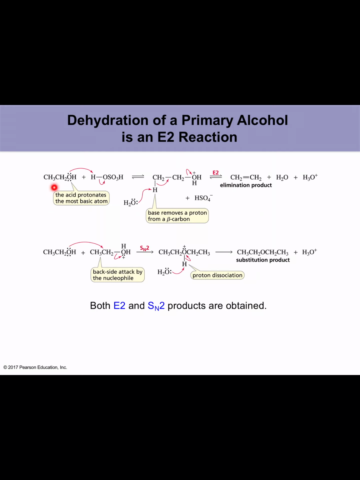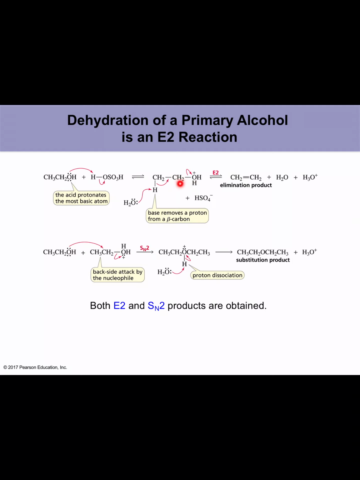Now this is an alcohol. Acid protonates the most basic atom. From the sulfuric acid, the oxygen grabs a proton, forming a good leaving group, a water molecule. Now the elimination, E2, bimolecular elimination. Now there is a hydrogen on this carbon, so this is the carbon that carries the water molecule.